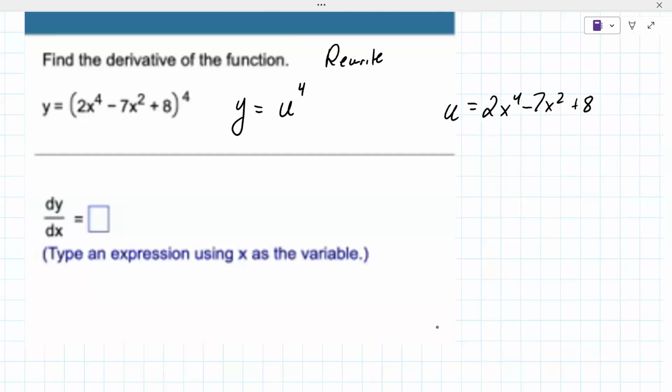You should recognize by now that whenever we're putting something off to the side, we're going to have to take the derivative of it. But if we look just back at y, the derivative of y, this is power rule. You bring the 4 down, so this becomes 4u to the power of 3. But when you make this change, you always multiply by u prime.